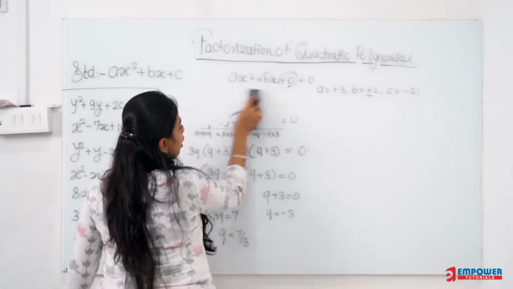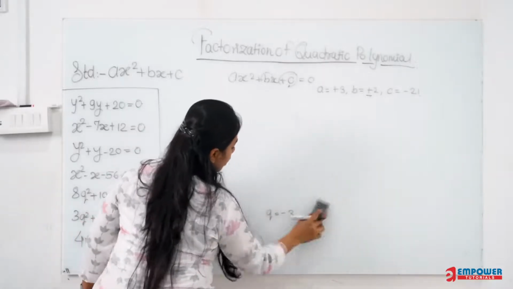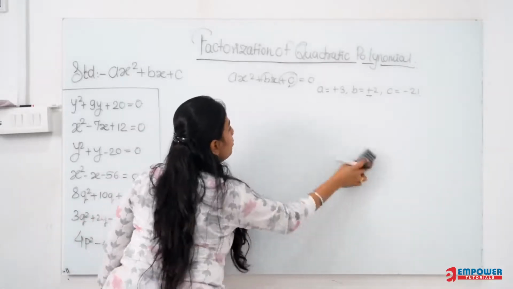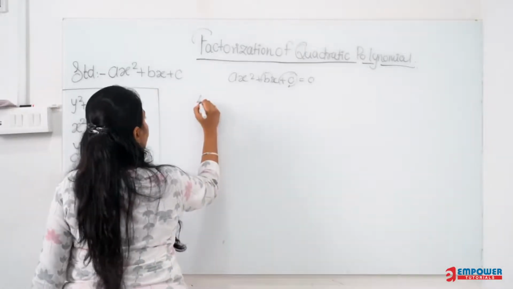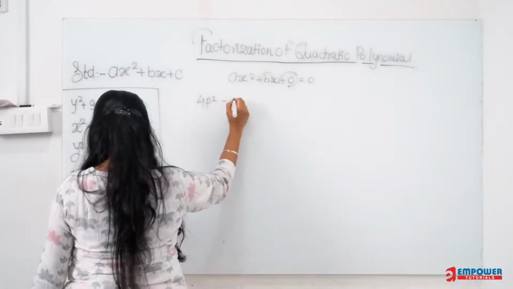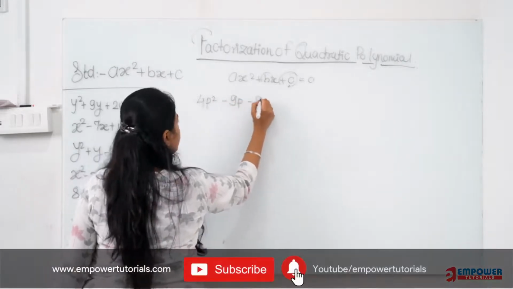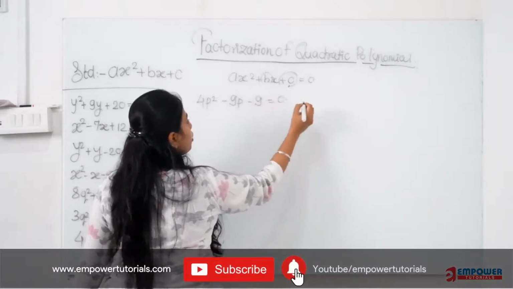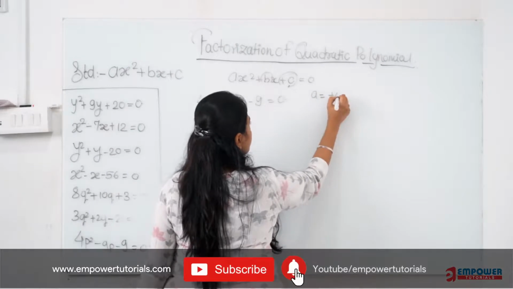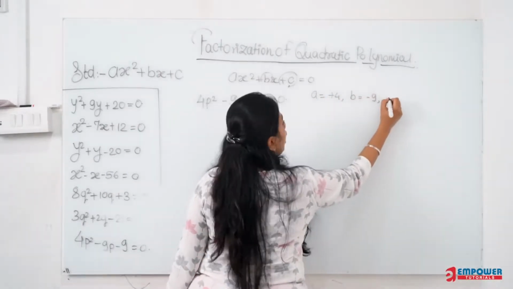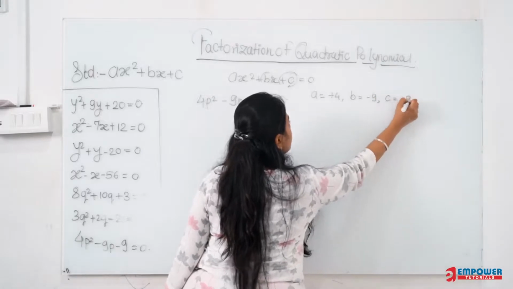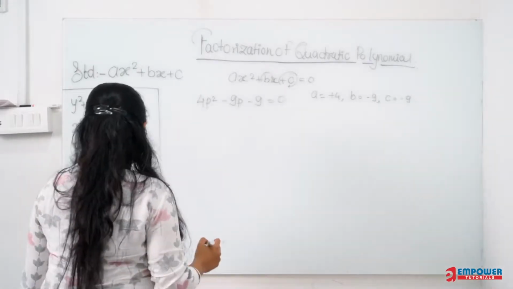And now we have the last type, that is, what if you have 4p square minus 9p minus 9. Here your coefficient of a is plus 4, your coefficient of b is a negative number, and coefficient of c is minus 9.